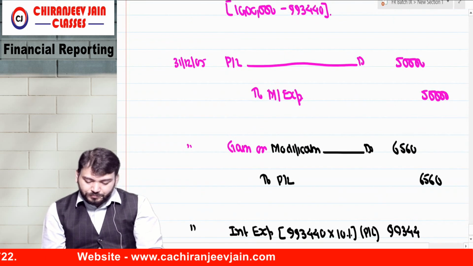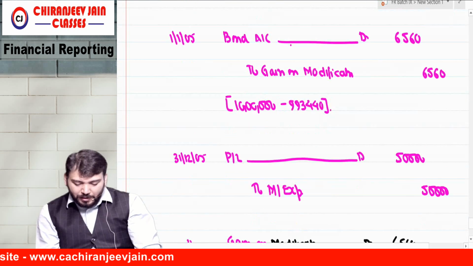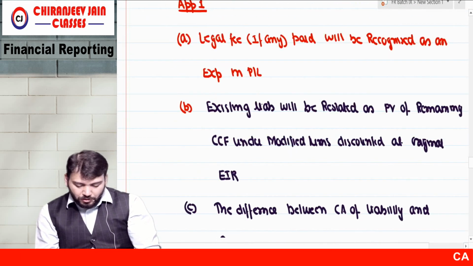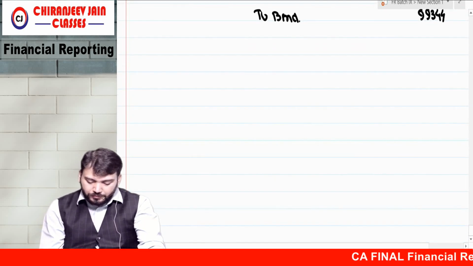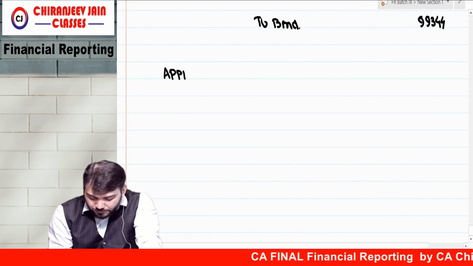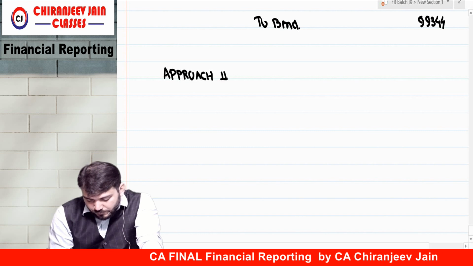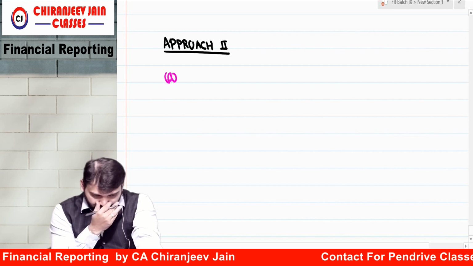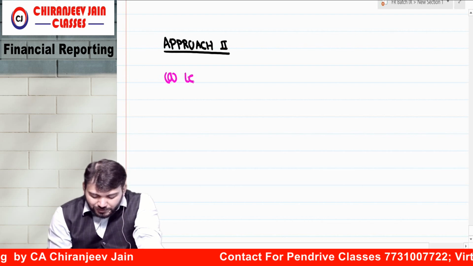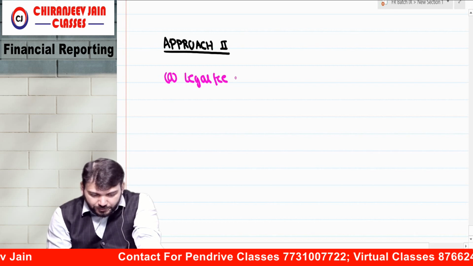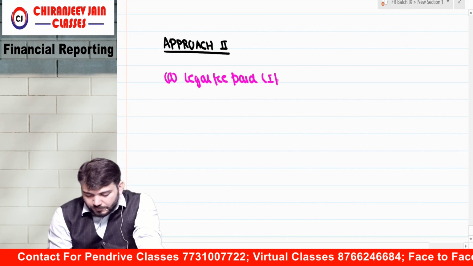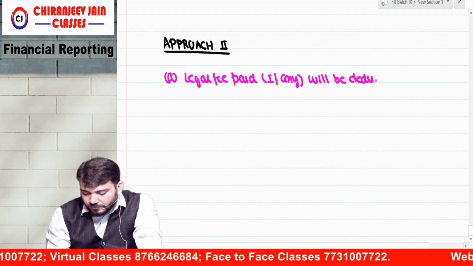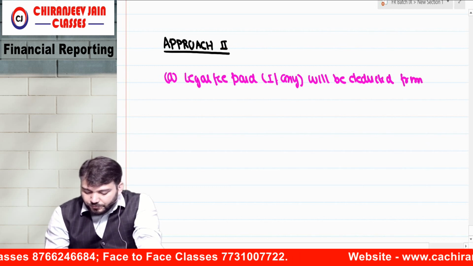Write down. This is approach 1 we have written. Now write down approach 2. Approach 2, point number A: legal fee paid, if any, will be deducted from existing liability.